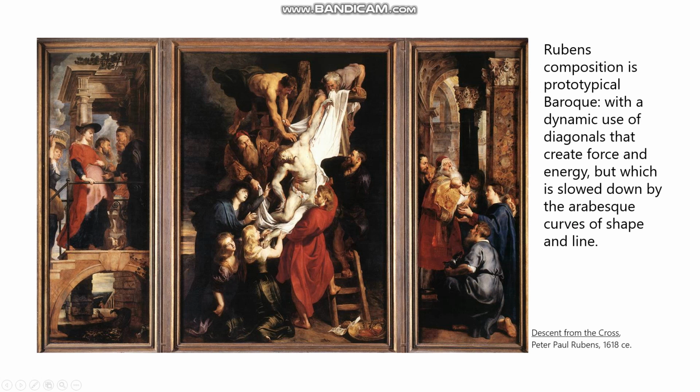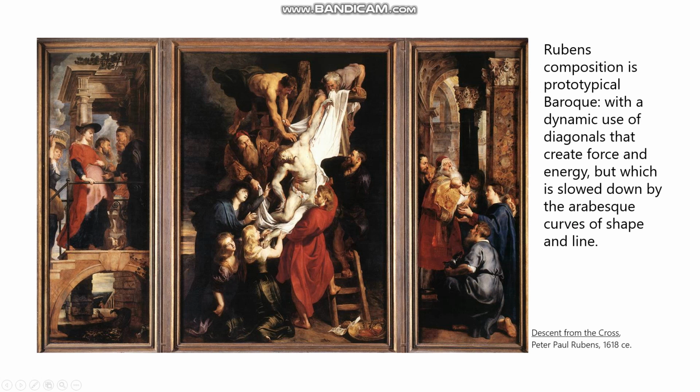So if you imagine this being a single line, and then you imagine making a right angle from that line to the corner, it would be a diagonal going this way, and similarly a diagonal going that way. And as you can see in this painting, that pretty much falls into that pattern of classic Baroque composition perfectly.